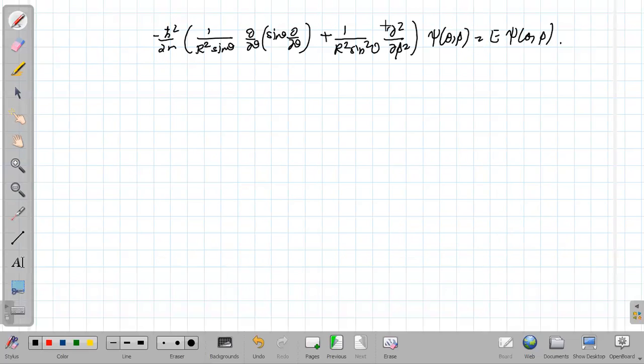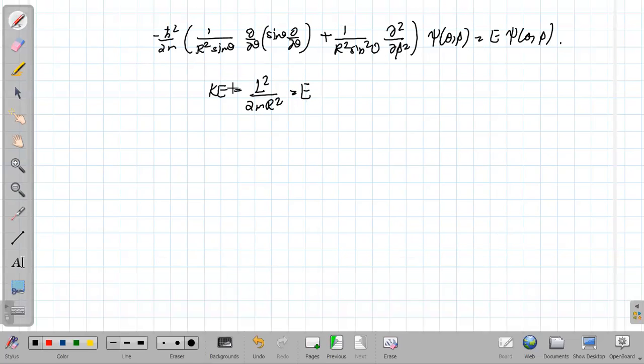This left side corresponds to energy. Now, if the particle is free, then the only energy is kinetic energy, and in such a case I can write the kinetic energy as L squared upon 2mR squared. That would be the total energy.